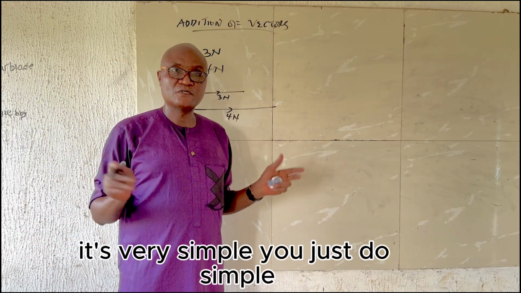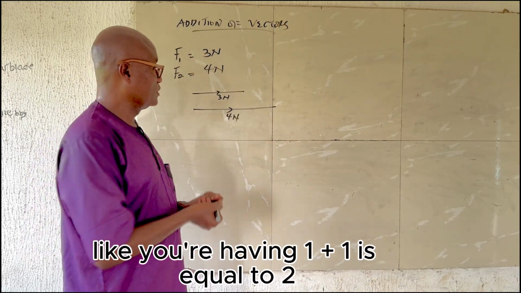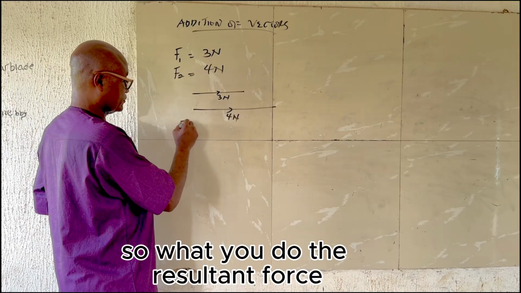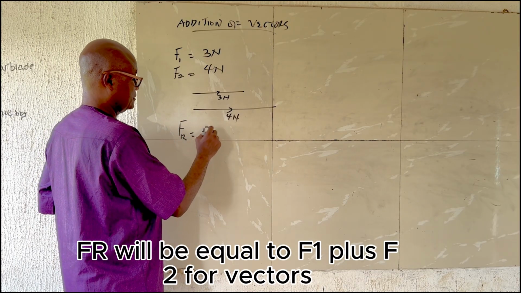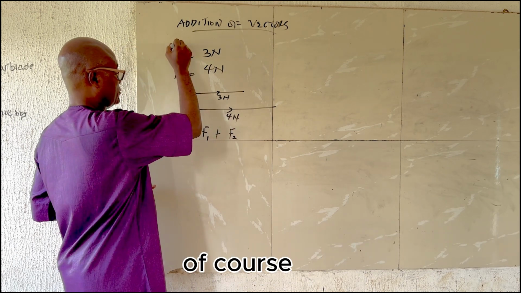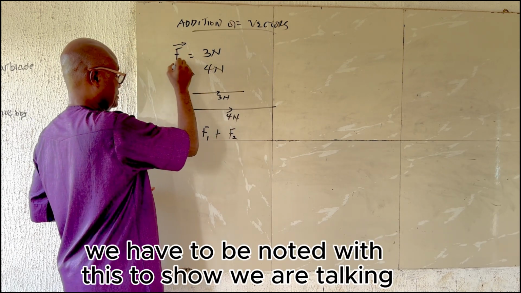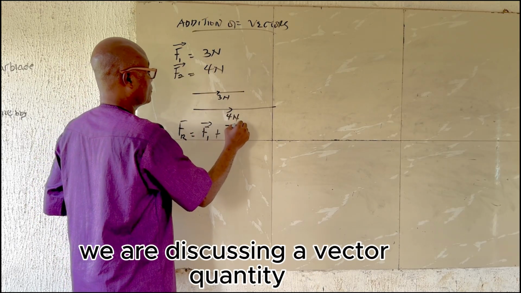It's very simple. You just do simple, like you're having 1 plus 1 is equal to 2. So what you do, the resultant force, Fr, will be equal to F1 plus F2. For vectors, of course, we have to denote it with this to show we are discussing a vector quantity.